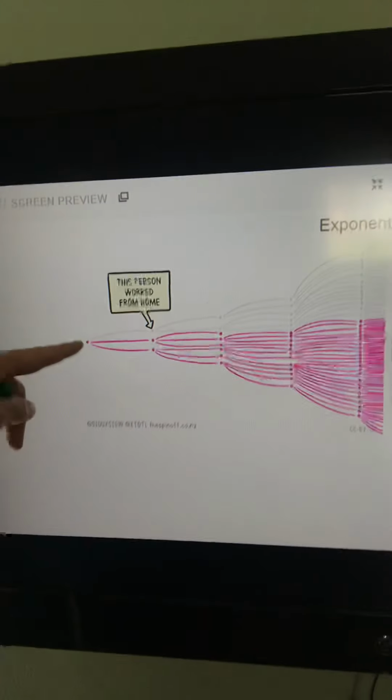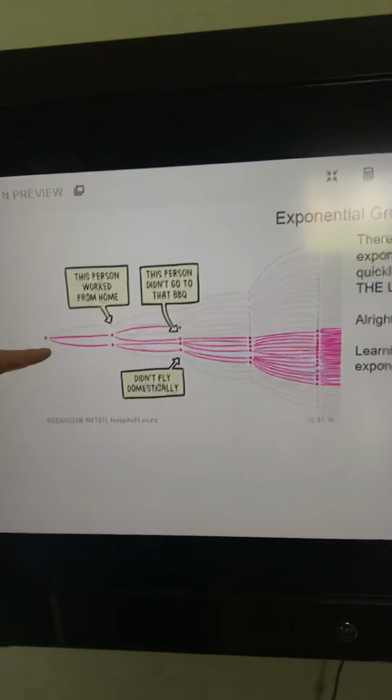All of a sudden, instead of the one person turning into 64 here, we take out all those people, and it's only turning into about 15 over there. Okay, and so the moral of the story is that exponential growth is incredibly powerful.